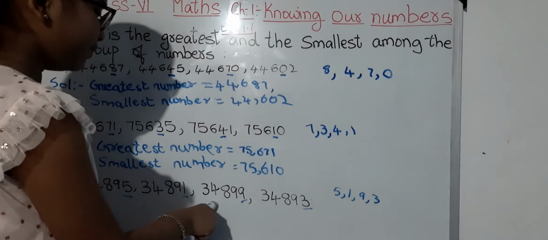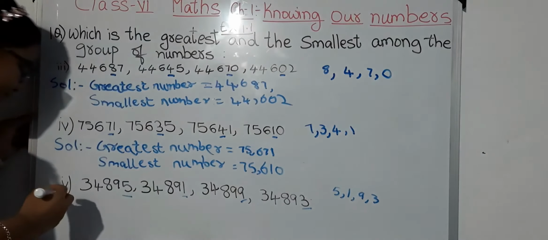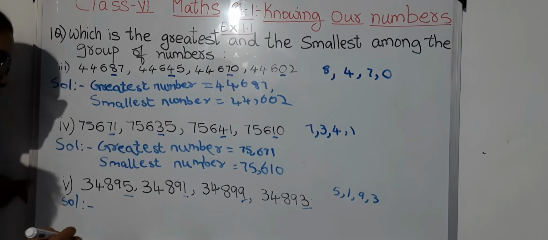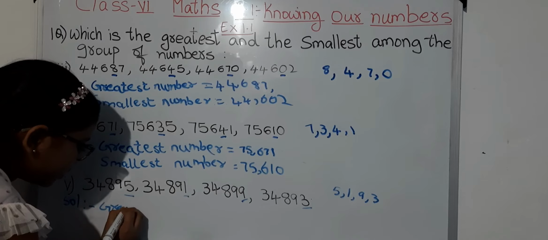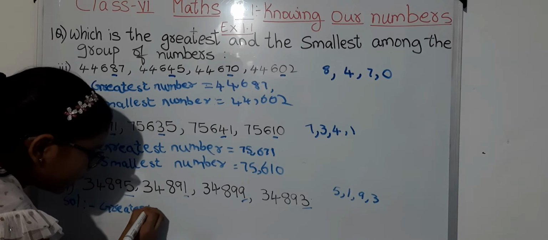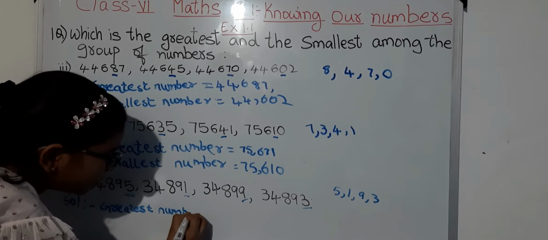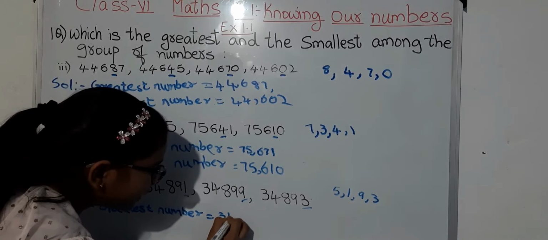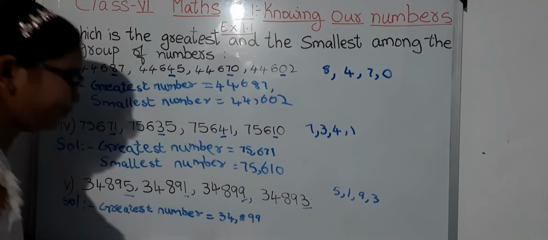So 34,899 is the greatest number. Greatest number is 34,899.